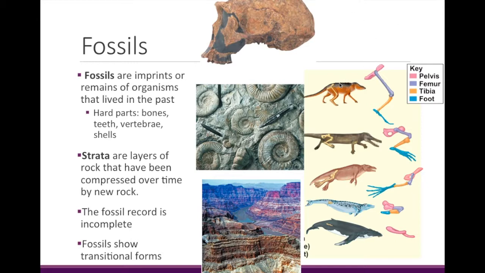And so this is likely what an organism might have looked like that could have been ancestral to whales, where they have this hip and femur and then tibia and then foot. And then as they started to get more into an aquatic environment, you can start to see there's webbing in the toes.